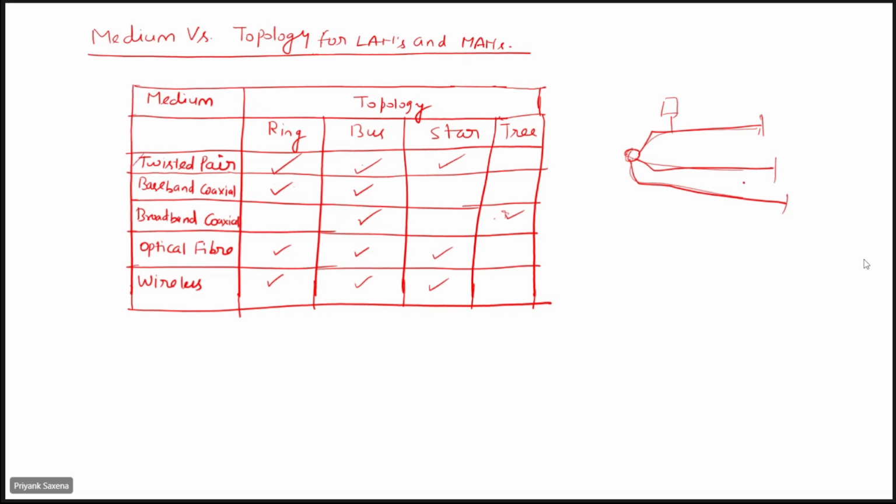Otherwise you can use coaxial cable, but it is at a higher price; you have to pay more money. If you have used an Ethernet cable, that also is a baseband coaxial cable, and the cable TV you use is also a baseband coaxial cable.